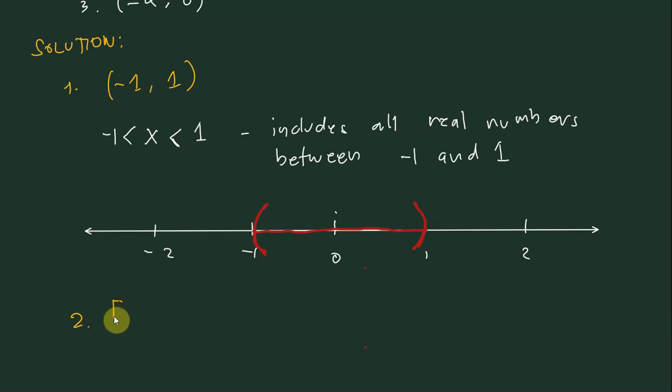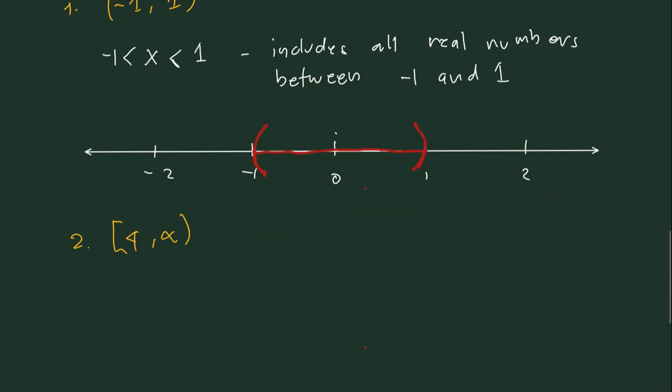Number 2, we have 4 and that. Okay, so how are we going to express it in inequality notation? So we have x, since this is half open or half closed, it is closed in 4, so that means it includes 4. So x is greater than or equal to 4, right?